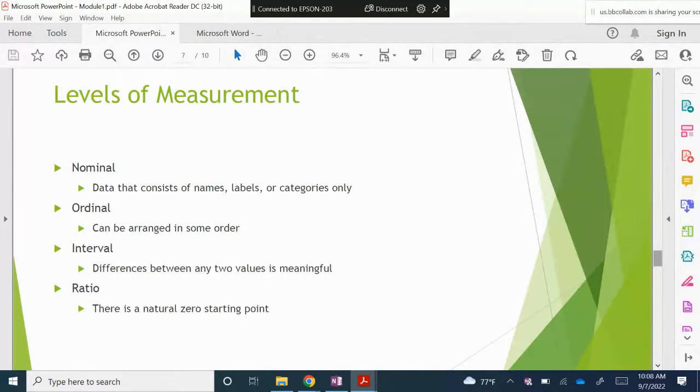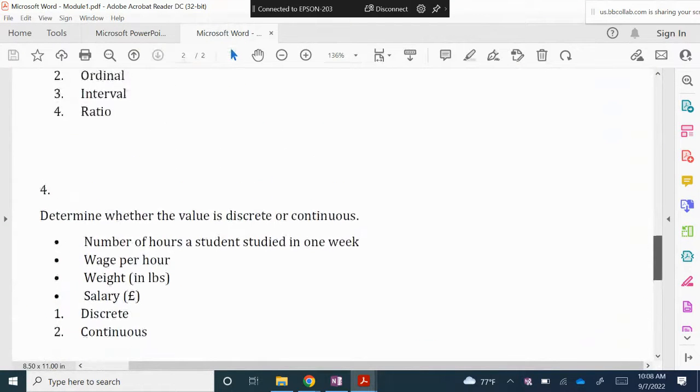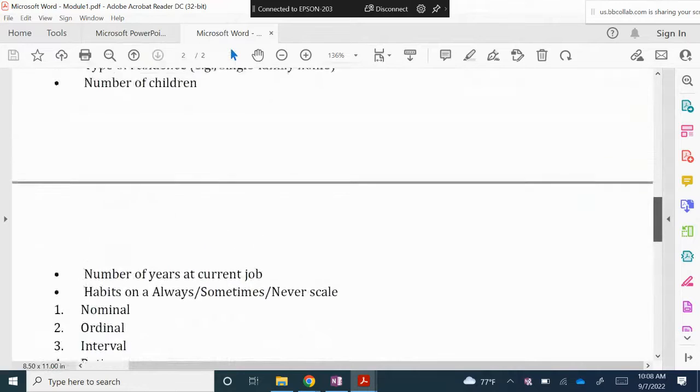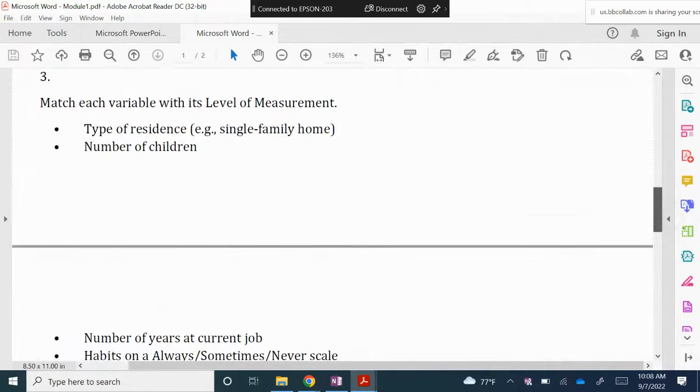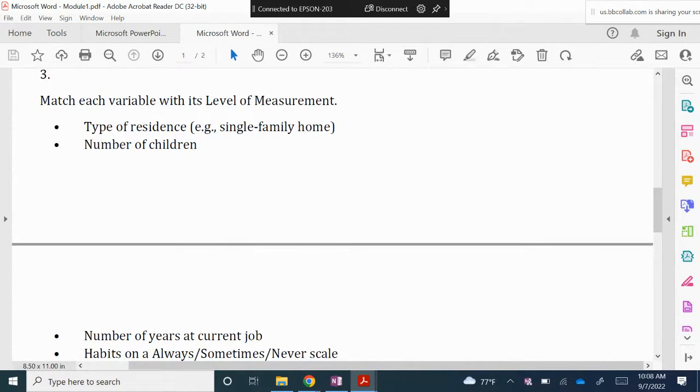All right, so I'm going to go back to the handout, and I want you to ask yourself these 4 questions and then determine these. They're not all on one page, but you have to tell the level of measurement: the type of residence, the number of children, the number of years at a current job, and then habits on an always, sometimes, or never scale.